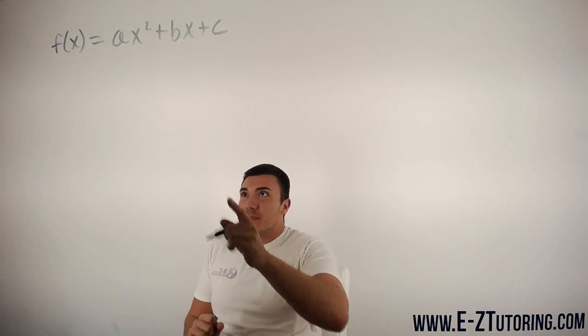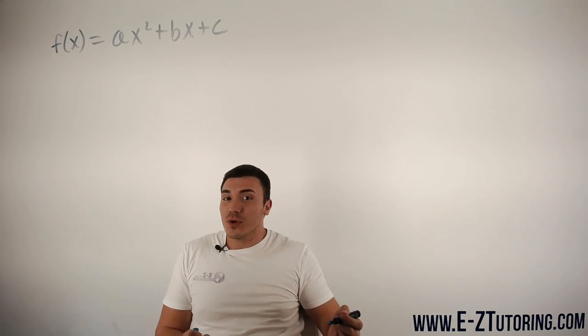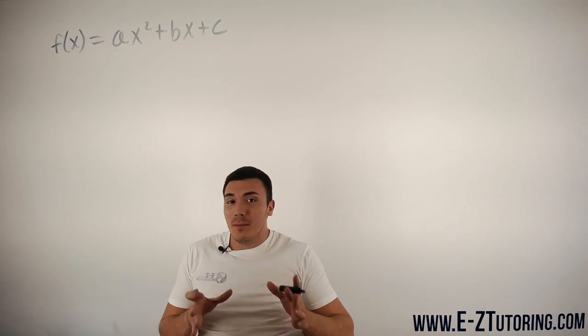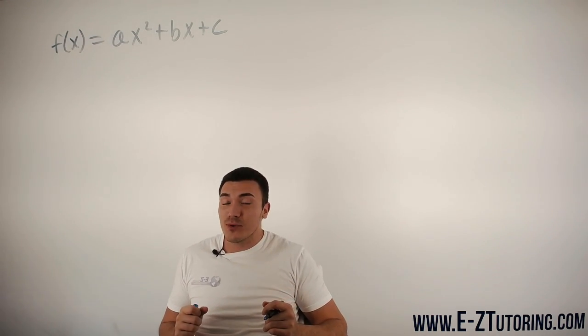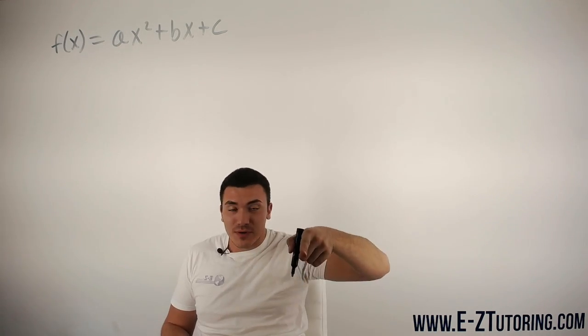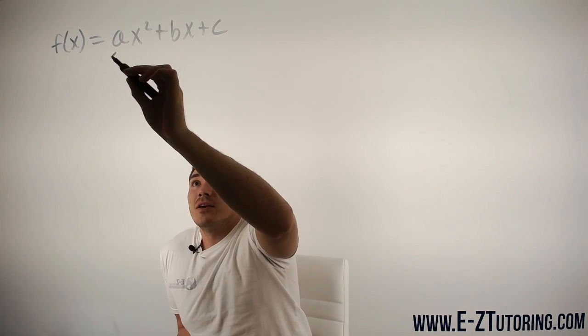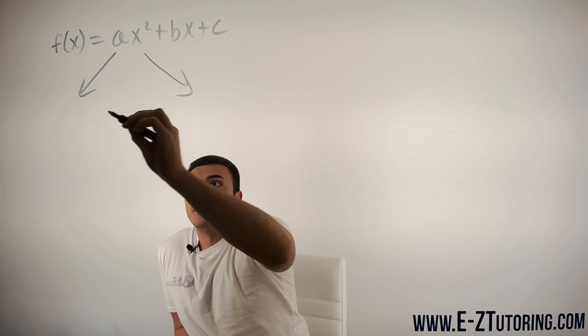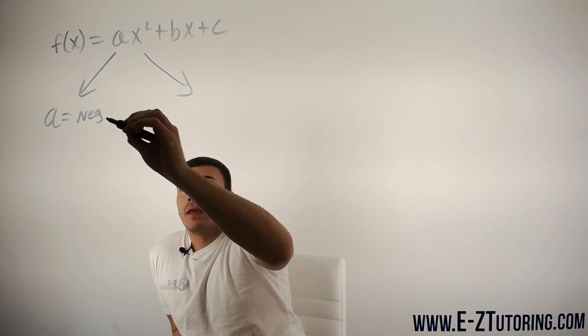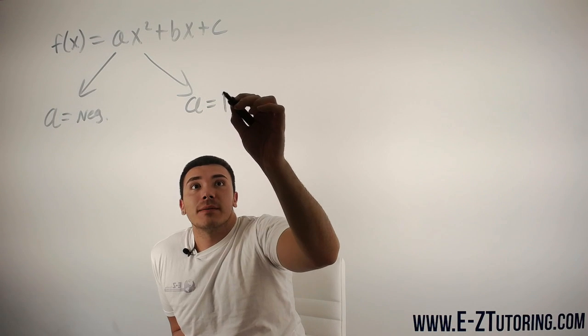And every quadratic equation will just be a U-shaped parabola. Whether you get a maximum or a minimum simply depends on whether that parabola is facing upwards or downwards. So those two cases are if A is negative and if A is positive.